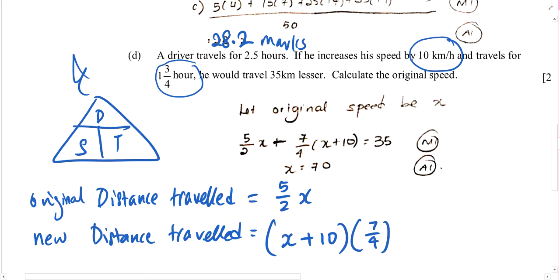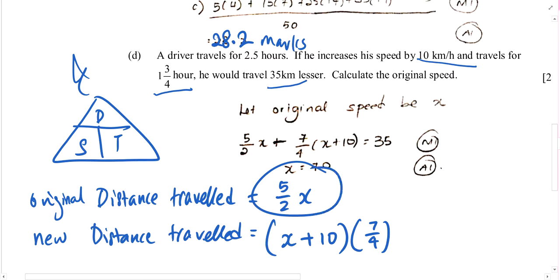How does this compare with 5 over 2x? How are these two distances related? The difference is 35. Which distance is bigger? 5 over 2x is bigger? Yeah, because if he increases the speed by 10, travels 1 hour 45 minutes, he travels 35 km less.